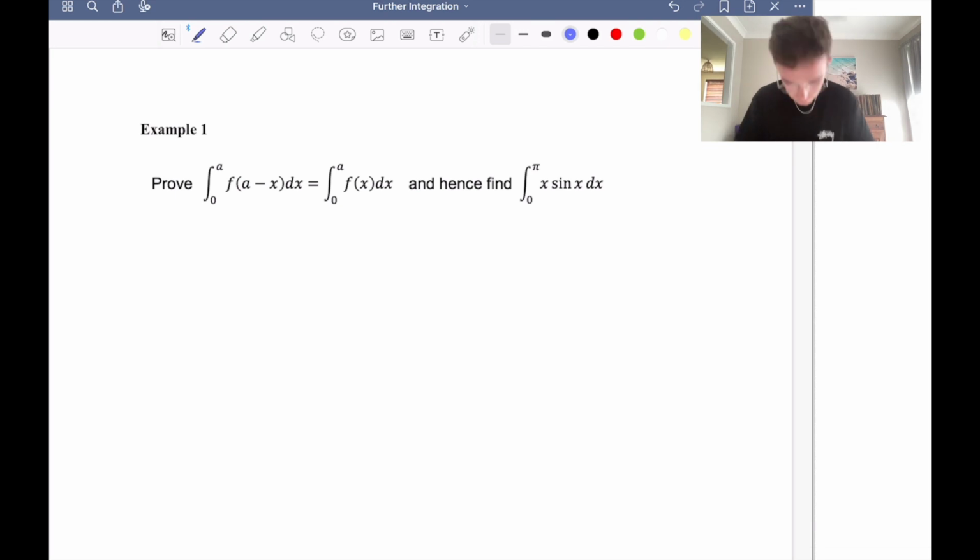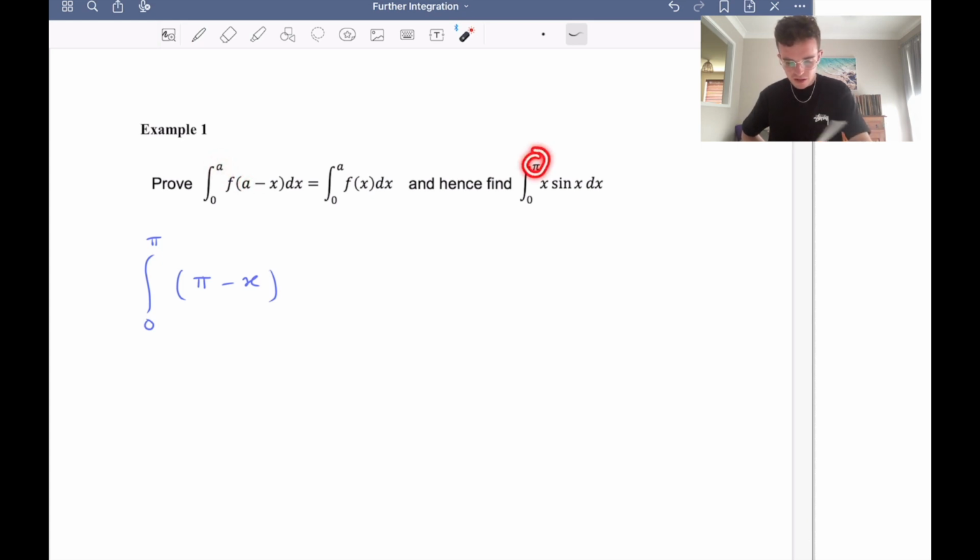So find the integral from 0 to pi of x sine of x. Well, we've been shown and we've proved that transforming this function means the same thing. So we could say that this is the same as saying the integral from 0 to pi of pi minus x. And notice we're going pi minus x because that a is the same a from there.